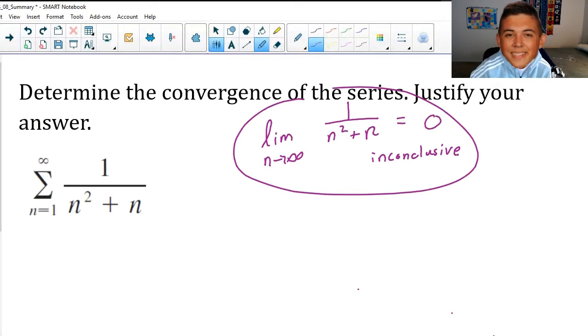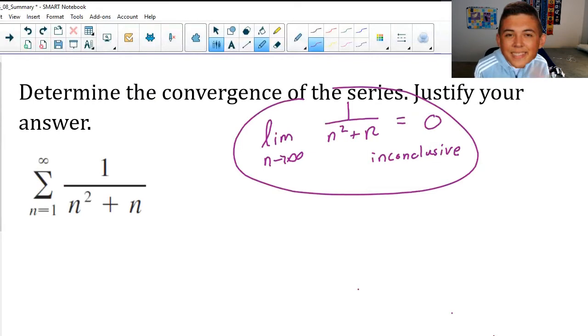All right, so we have different options. We have telescoping, alternating series, p-series, comparison, all that good stuff. As I'm thinking here, what does it need to be?